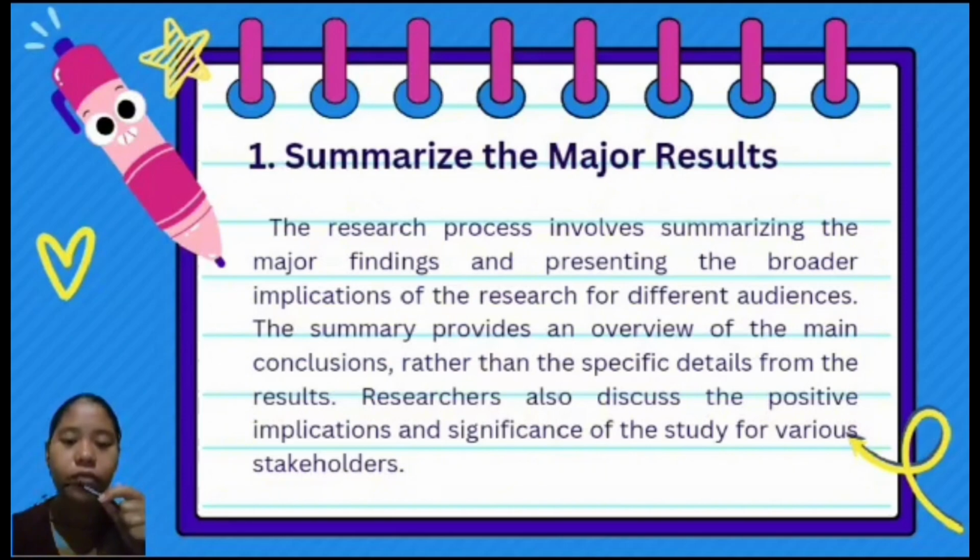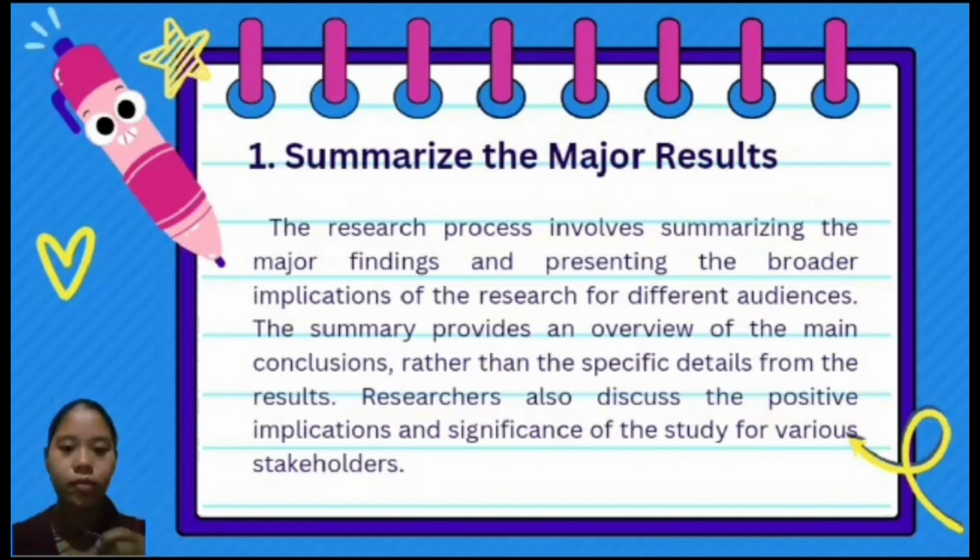This helps show the importance of the study for different groups. The summary also focuses on the overall conclusions, not only the specific details. And this allows researchers to discuss the positive meaning and impact of the research. And providing a summary makes it simpler to share the key findings with various audiences.